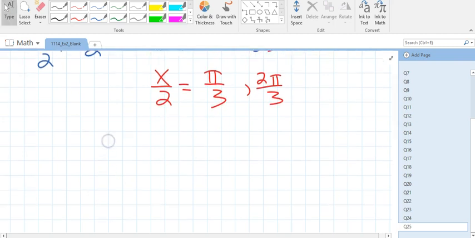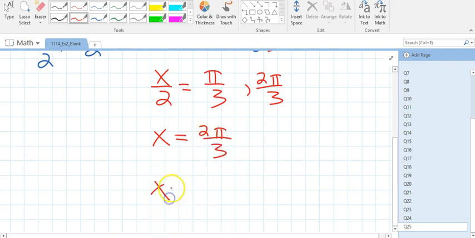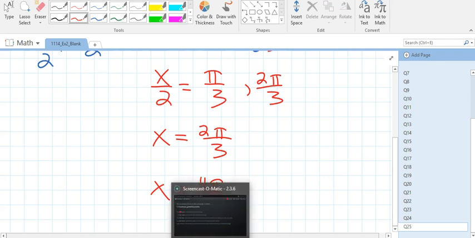So what do I get when I take pi over 3 times 2? 2 pi over 3. And what do I get when I take 2 pi over 3 times 2? So there's our angles. These are the guys we want.